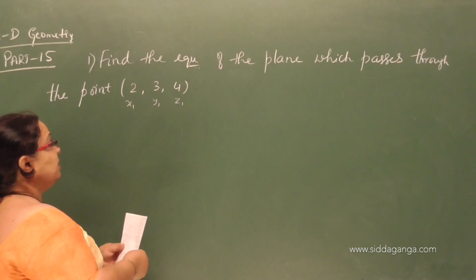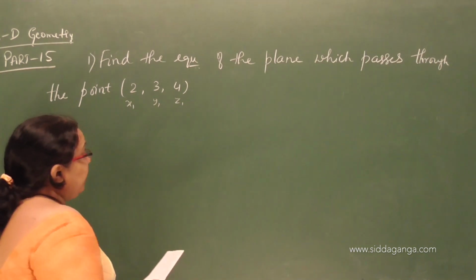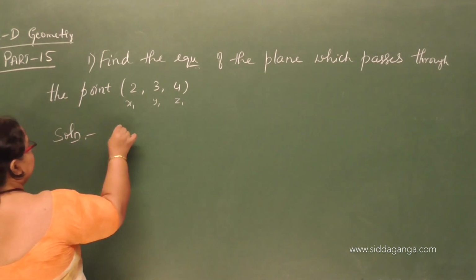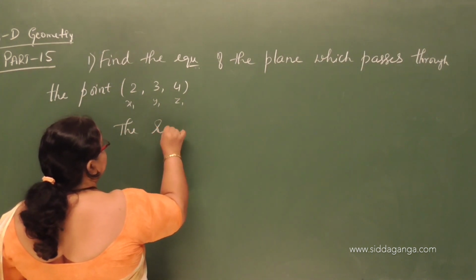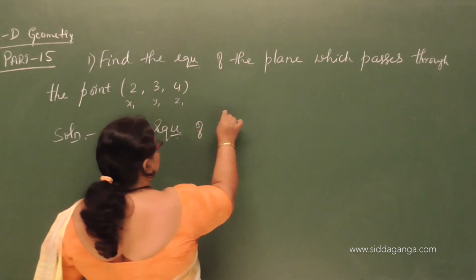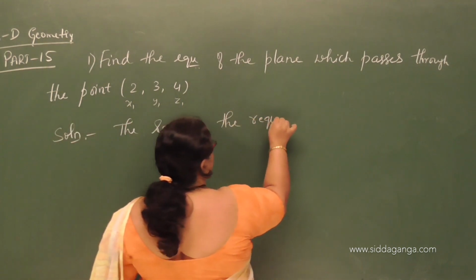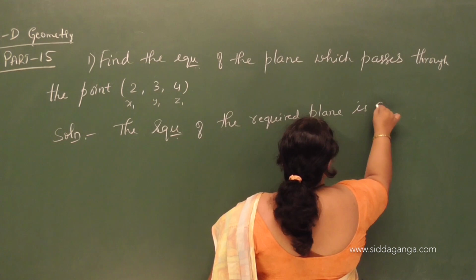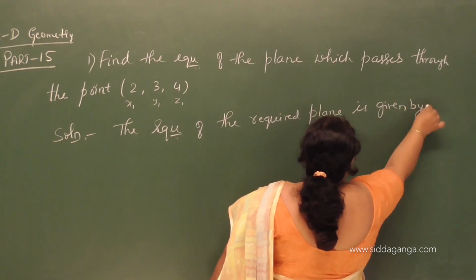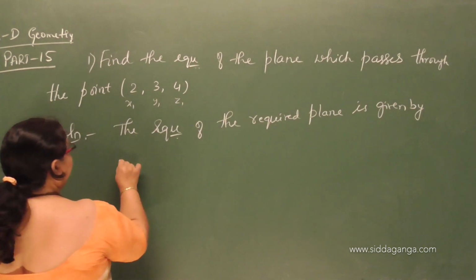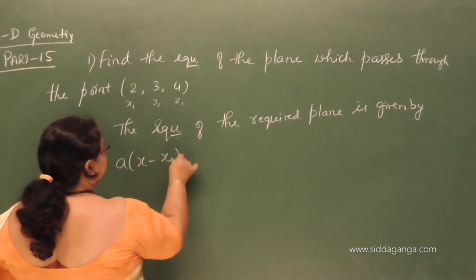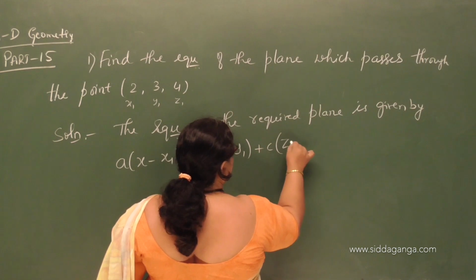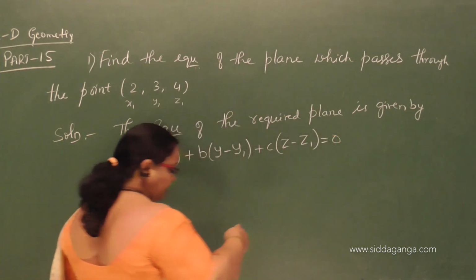Now this is in the general form. The equation of the required plane is given by a into x minus x1 plus b into y minus y1 plus c into z minus z1 equal to 0.